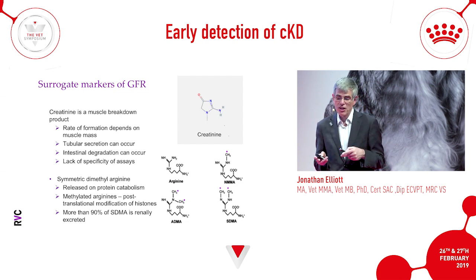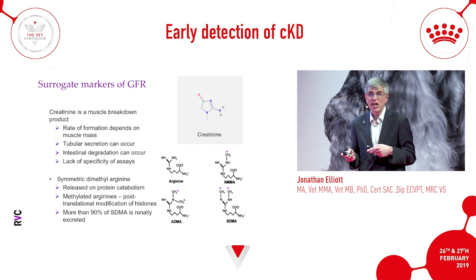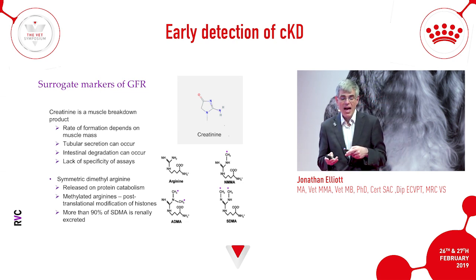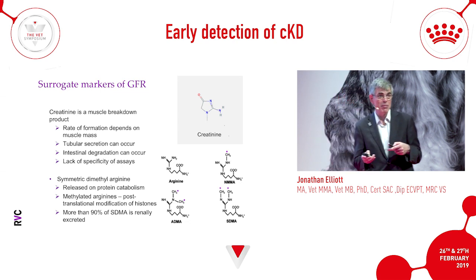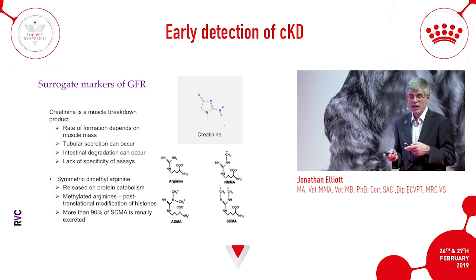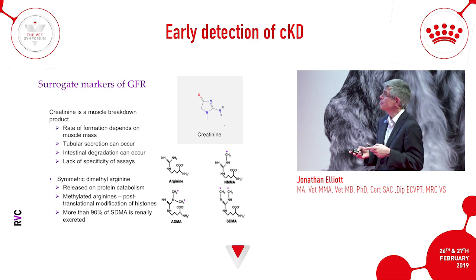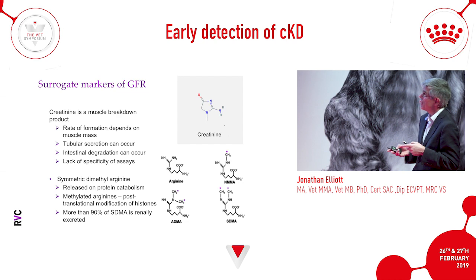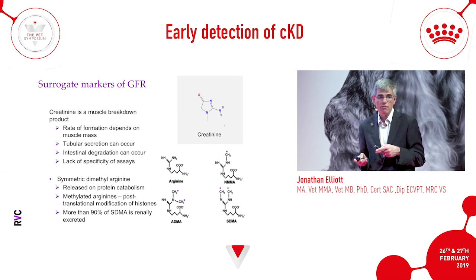And it produces this compound, symmetric dimethylarginine, at a stable rate, which is much less affected by body mass, lean body mass, and is therefore less affected by many of the factors that influence creatinine. More than 90% of SDMA is renally excreted, and it makes it a good marker for glomerular filtration rate.